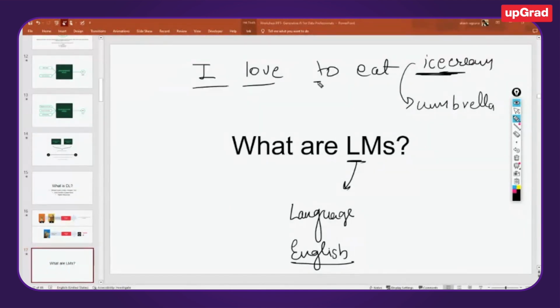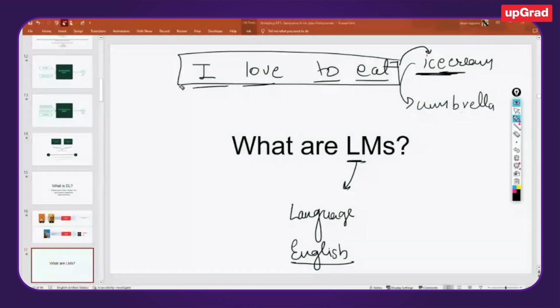So it takes the previous word, and based on the previous word, it predicts the next word. Now think as a human: I have given you I love to eat, and you said ice cream. Will I give this to a newborn baby, or a person who has just started learning English?